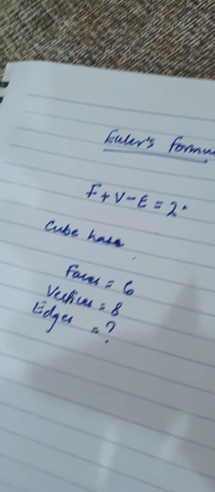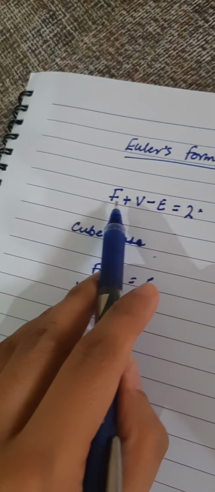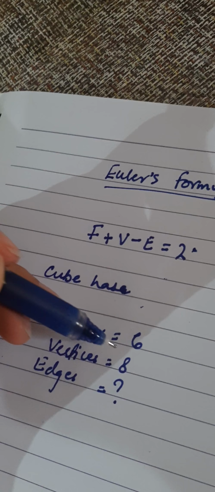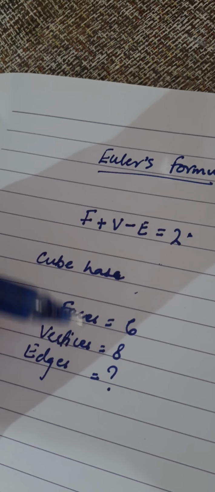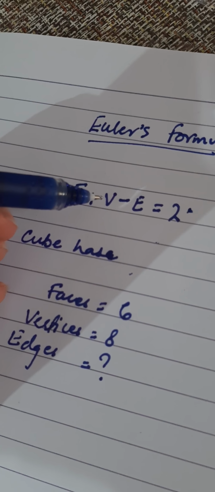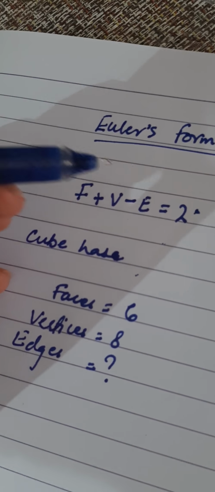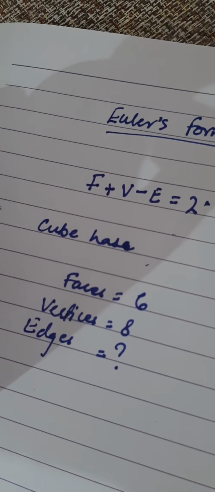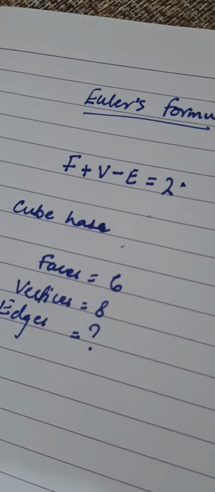So how are you going to find it? You have this formula, you put the number of faces in place of F, you put the number of vertices in place of V, and then you can just add them up and work out the formula to find the number of edges. Okay?